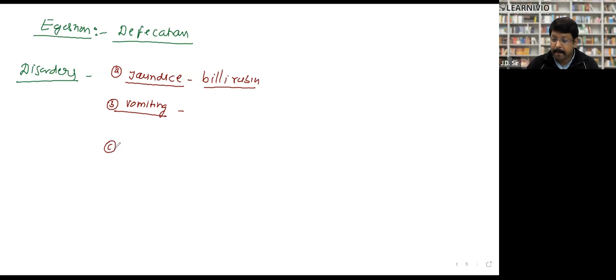Next, C. Diarrhea. It is also caused by bacterial infection. Note it down.